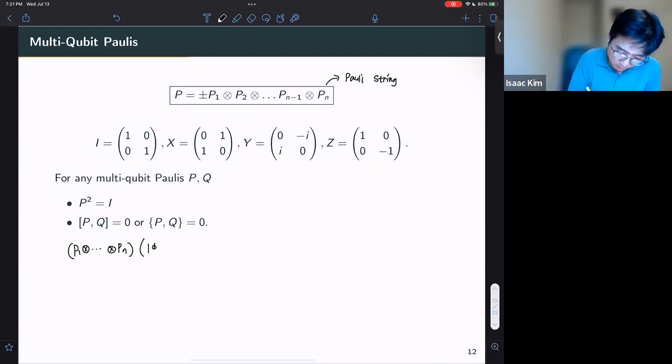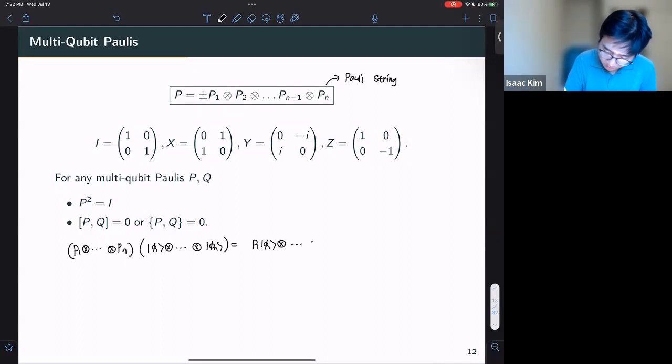phi1 tensor phi n. What this is, is simply P1 phi1 tensor Pn phi n.